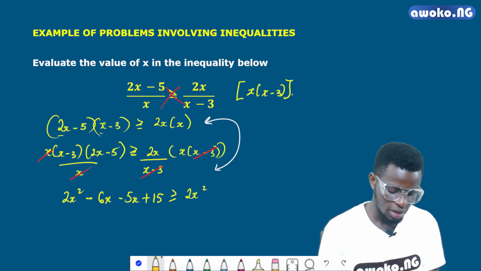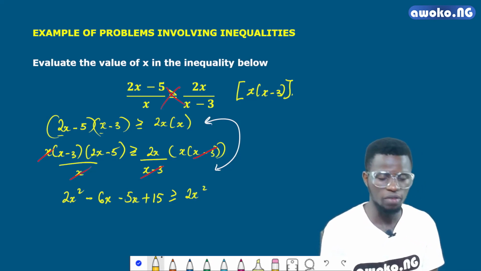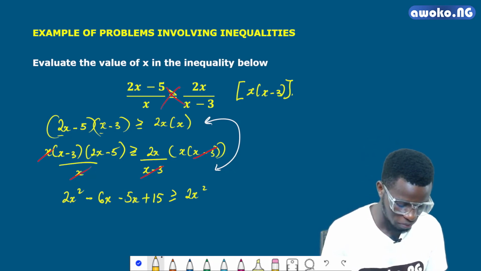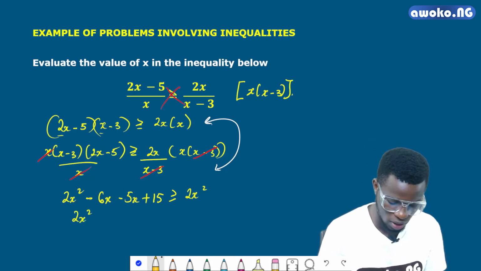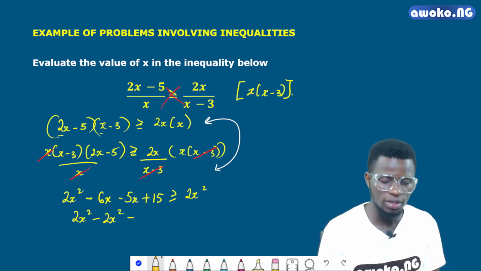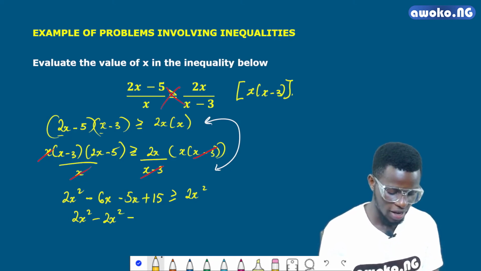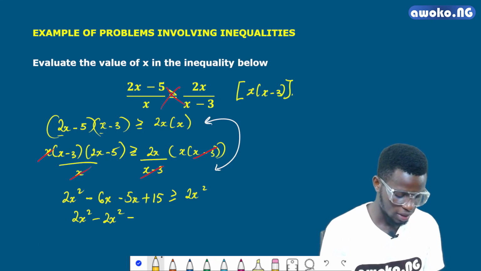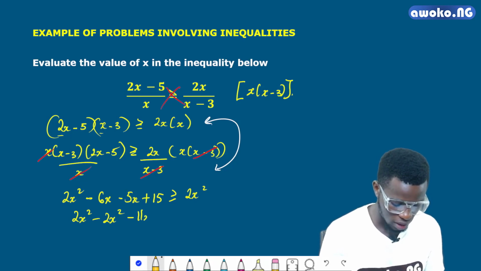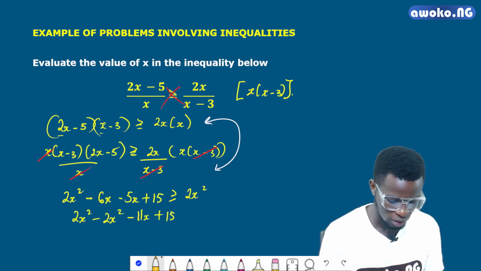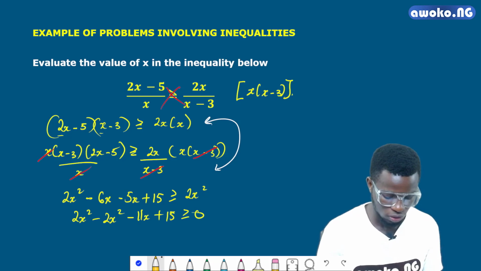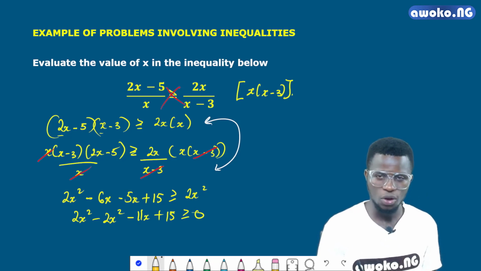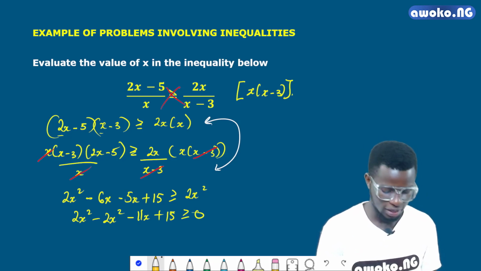If we make sure that everything on the right hand side comes to the left hand side, we would have 2x squared minus 2x squared, minus 6x minus 5x, which is minus 11x, then plus 15 is greater than or equal to 0, because nothing is left on the right hand side anymore.